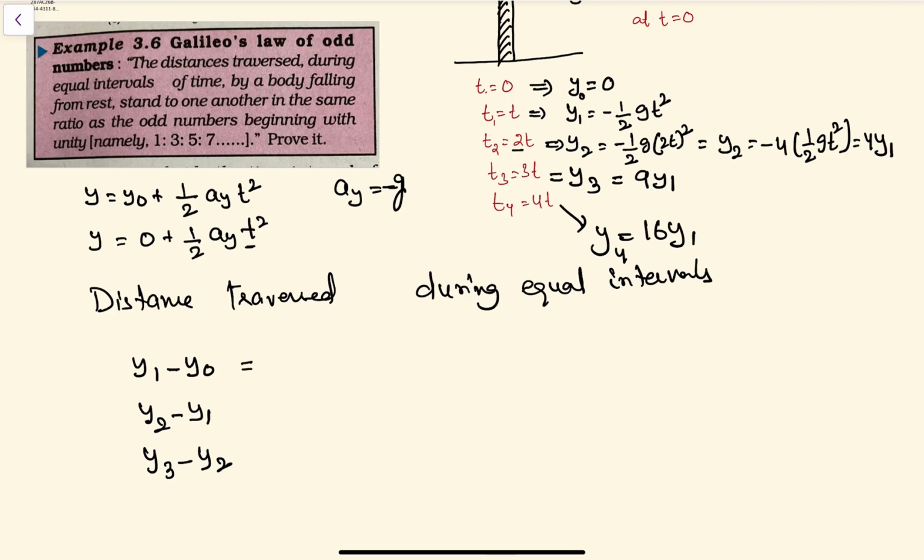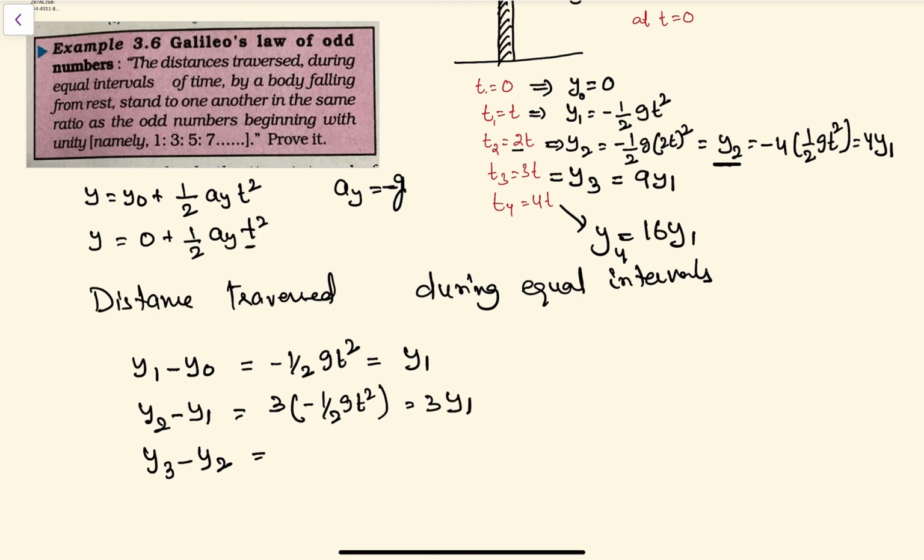Let us say y1 minus y naught, which is equivalent to minus of gt square, which is again y1. y2 minus y1 is 3 into minus of gt square. If you calculate, you will get it as 3y1.